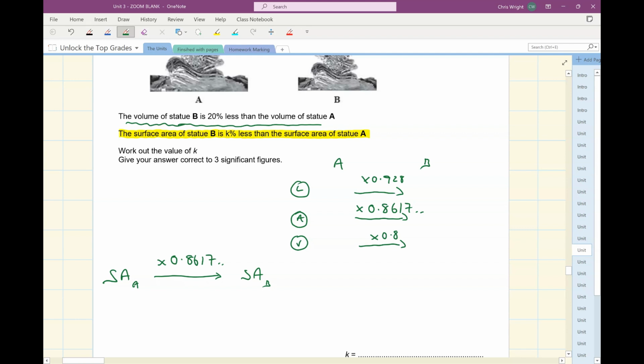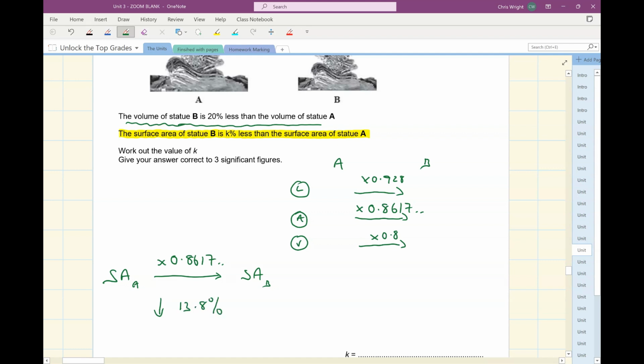So what percentage less is the surface area of B than A? If you're multiplying by 0.8617, you're reducing by 13.8%.